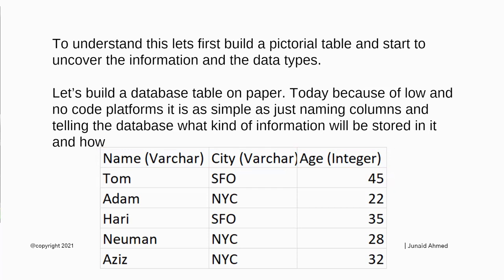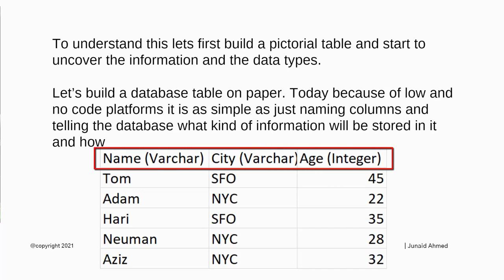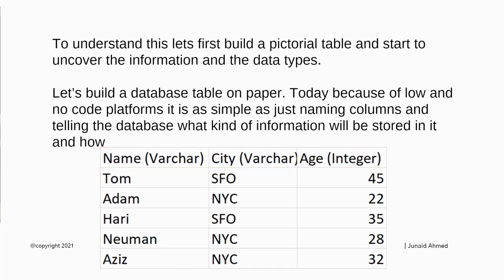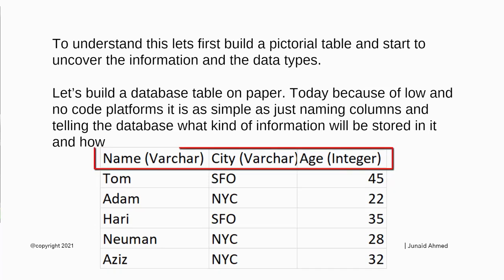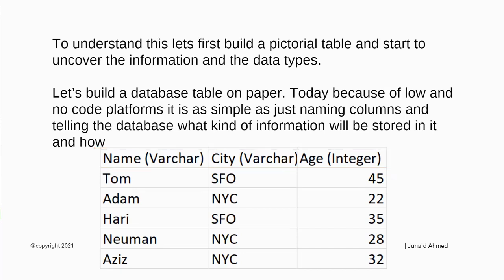Each of these columns, at design time, when you're designing it, you have to choose an appropriate data type. You will discover in this session what the different data types regularly used in a database are. For example, the name could be a varchar, the city could also be a varchar, and the age could be an integer.